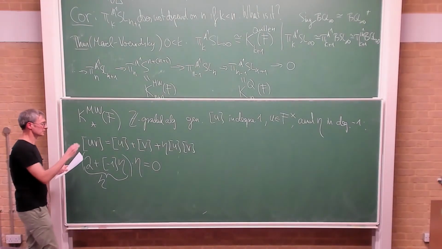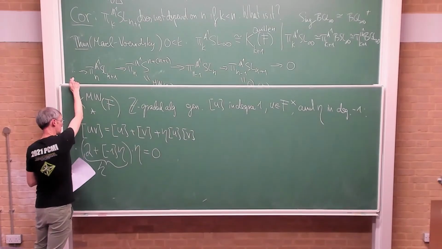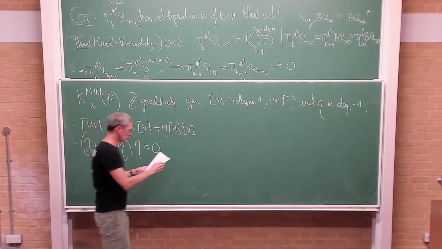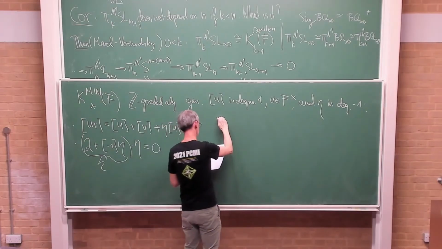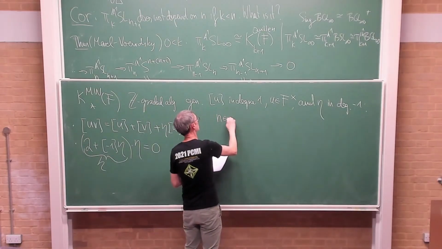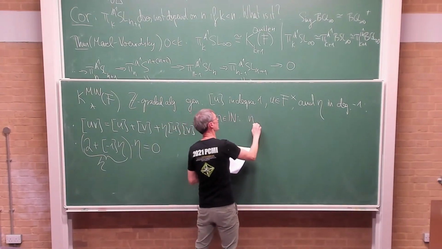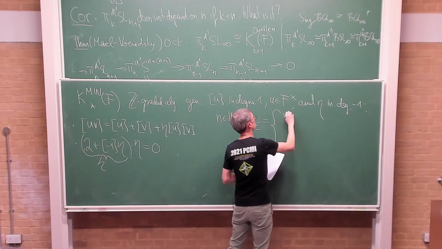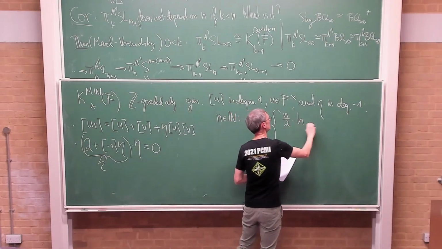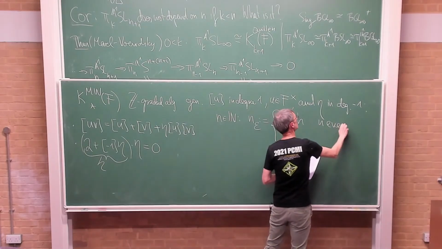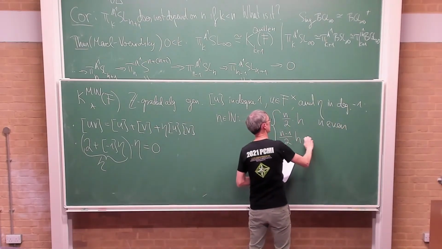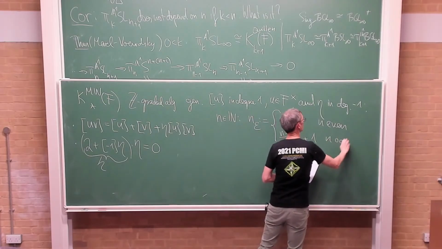And here's some more notation. Maybe let me put it here. So take a natural number n, and n epsilon is defined to be n half times H if n is even, and it's n minus 1 half times H plus 1 if n is odd.